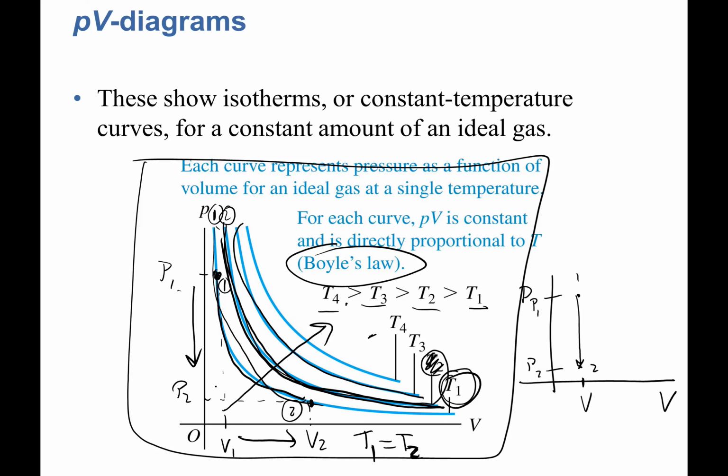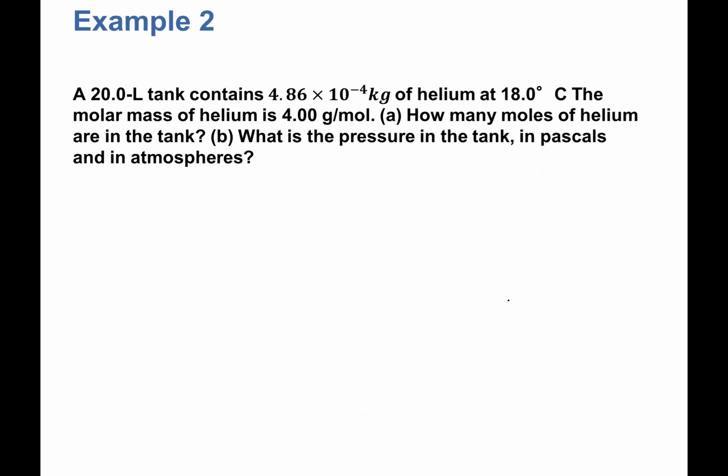That means the closer you are to the origin as an isothermal line, the lower the temperature. The further you go, the higher the temperature. So that's one of the things we have. That means you always can look at those three things in the PV diagram: pressure, volume, and temperature. So let's look at and solve some examples here.